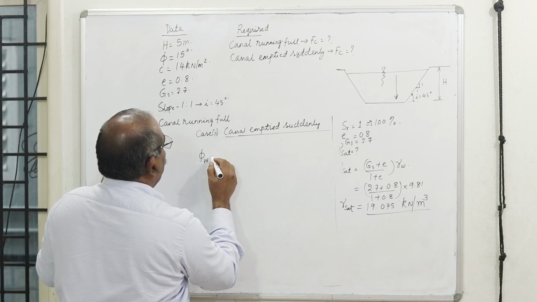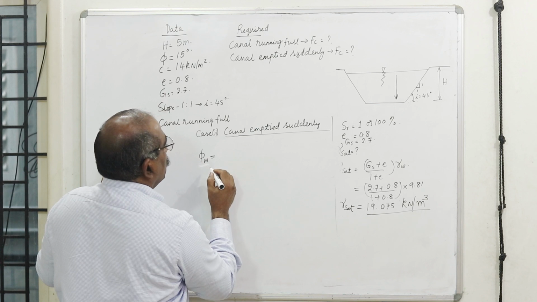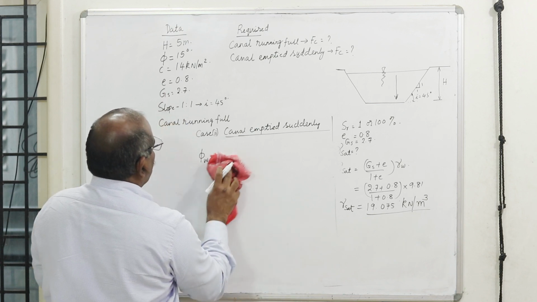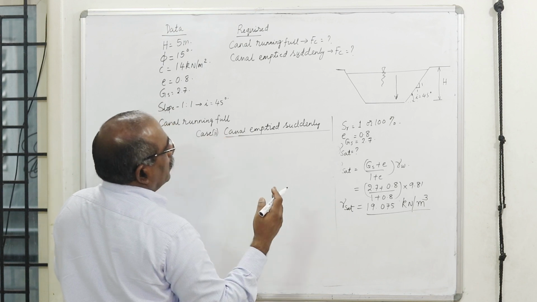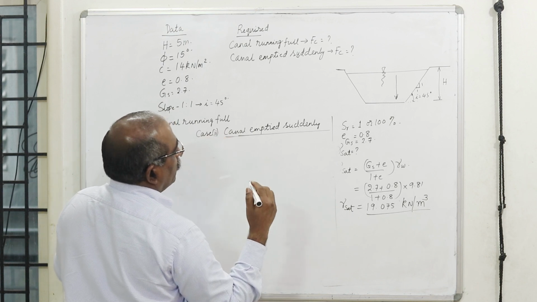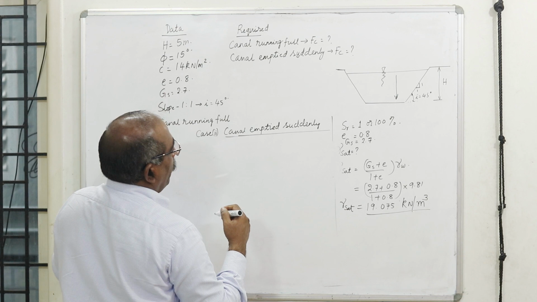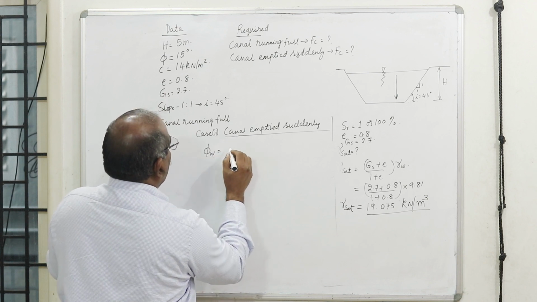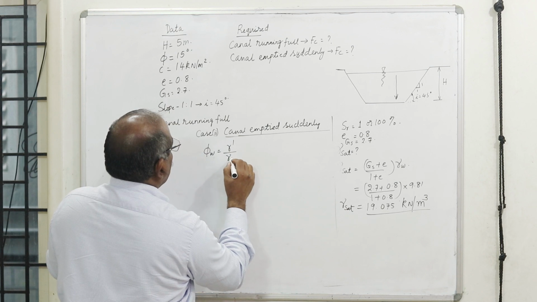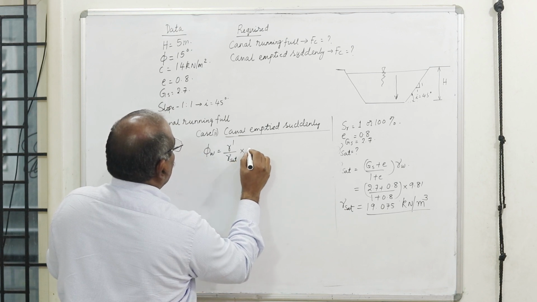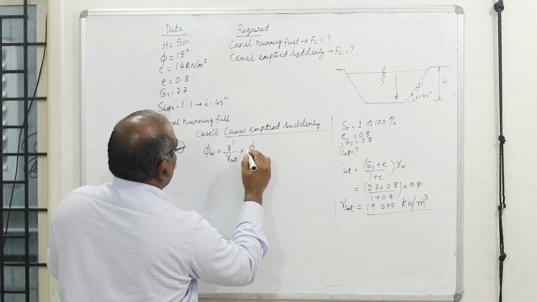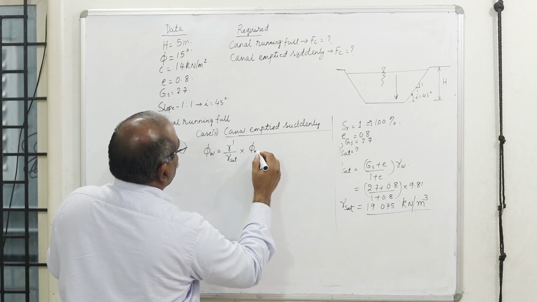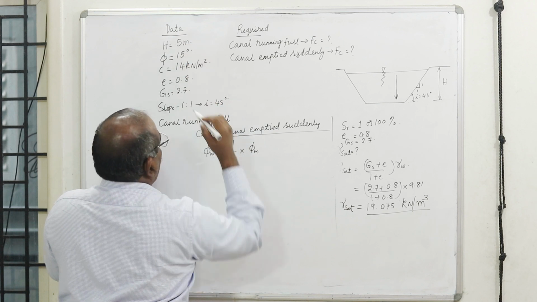The weighted friction angle is equal to gamma dash by gamma saturated into the mobilized friction. Now assuming that the value of the mobilized coefficient is such that it has been completely mobilized.